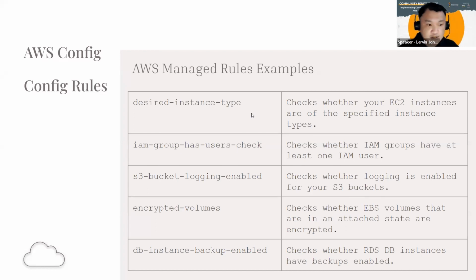We have here desired instance type, which can check the instance type of an EC2 instance, and also IAM group, which checks if the IAM group has at least one IAM user.